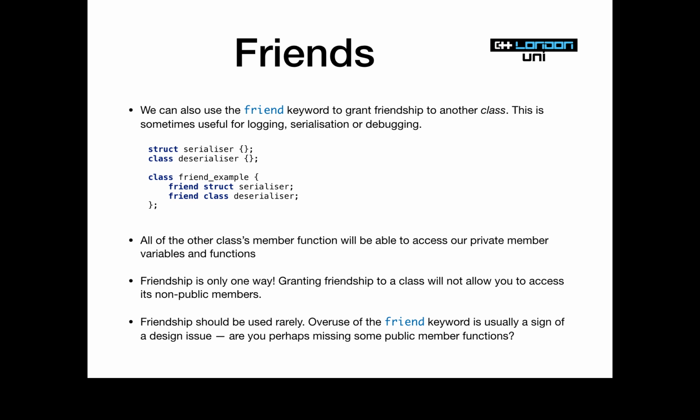So again, generally, if you have a friendship, you should see, can I do this another way? Apart from very limited cases such as writing a print function or writing a serializer. Those are special cases, but if you find yourself doing this all over the place, it may be a design thing.